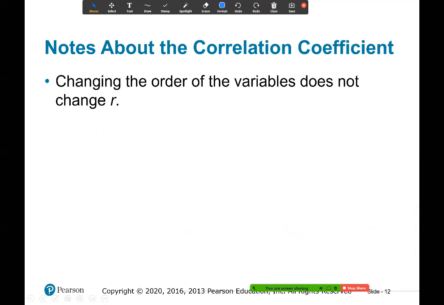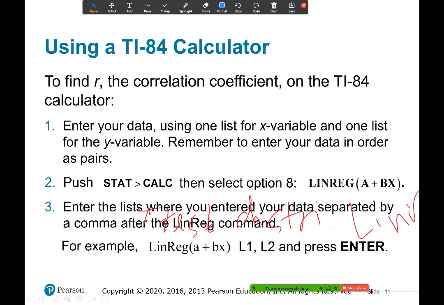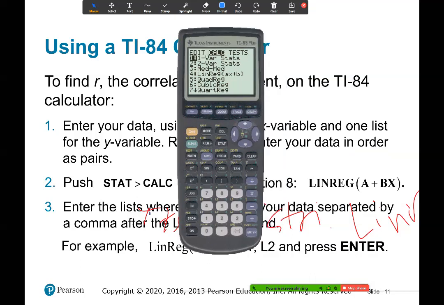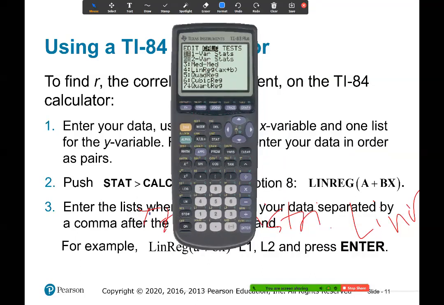Now you push stat, then calc, and then select option 8, linear regression a plus bx. See that? Enter it, and then enter again.